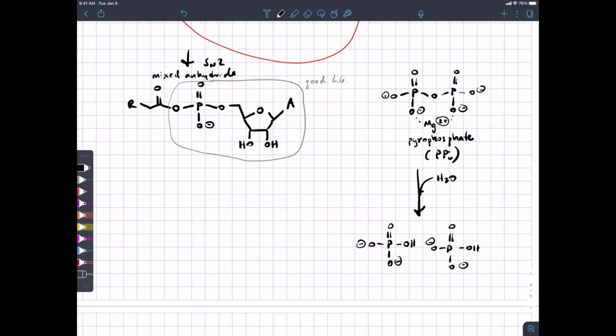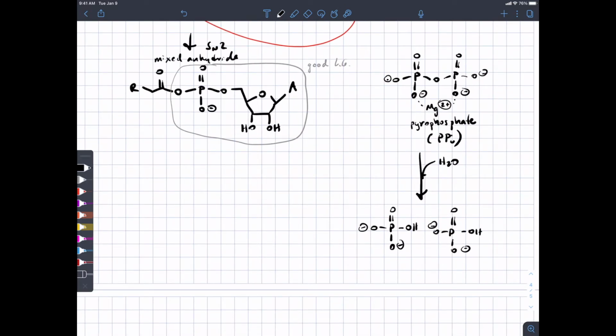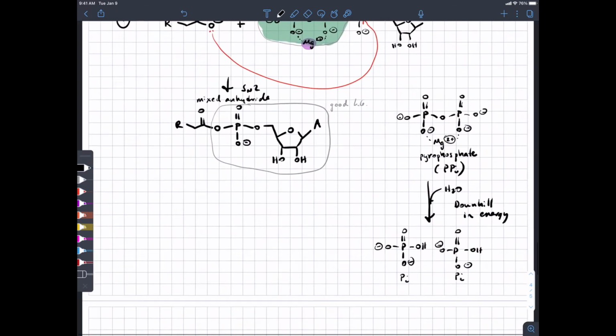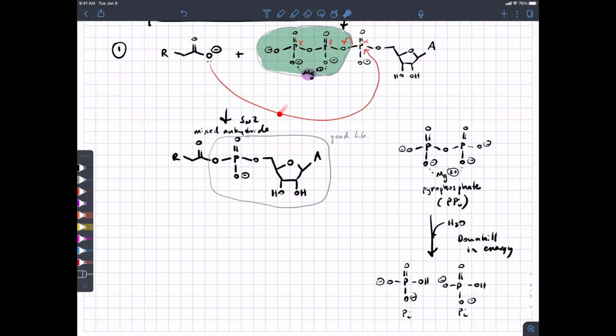I've drawn them in the form that they would predominantly exist at pH 7, probably a mixture of this and the conjugate acid. These would both be called Pi for inorganic phosphate, but this is downhill in energy, quite favorable. And the first step here of breaking this bond is also favorable. So this drives the reaction even further, because you've got a further thermodynamic sink to go down, and that'll push the reaction forward.